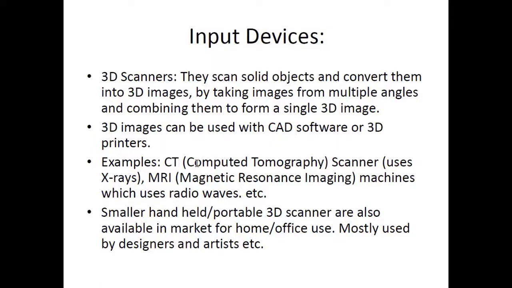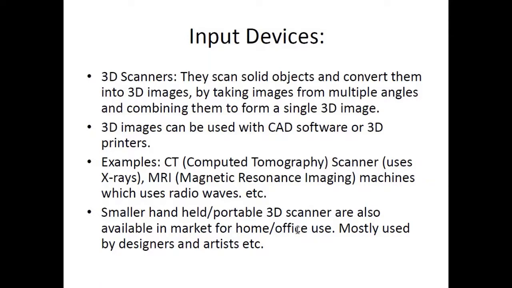For example, CT, computed tomography scanners, are used in hospitals. CT scanners use X-rays. MRI, magnetic resonance imaging machines, are again used in hospitals, and they use radio waves. Smaller handheld or portable 3D scanners are also available in the market for home or office use.